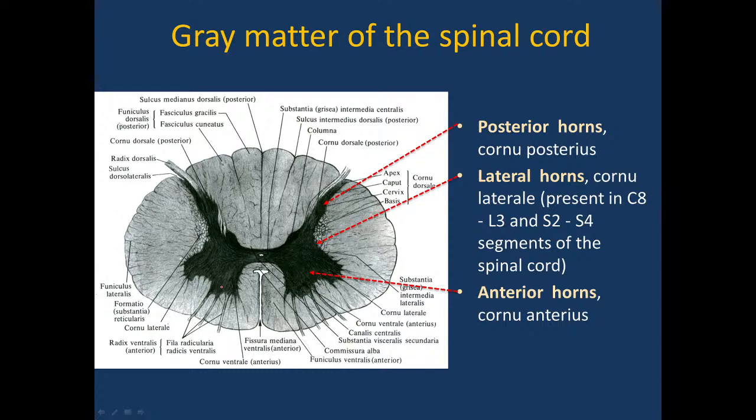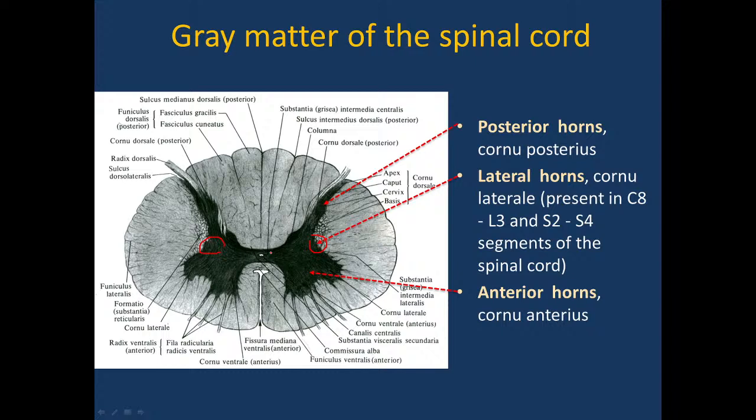In the thoracic and lumbar regions, an additional lateral horn, this one and here, is visible on each side of the gray matter.